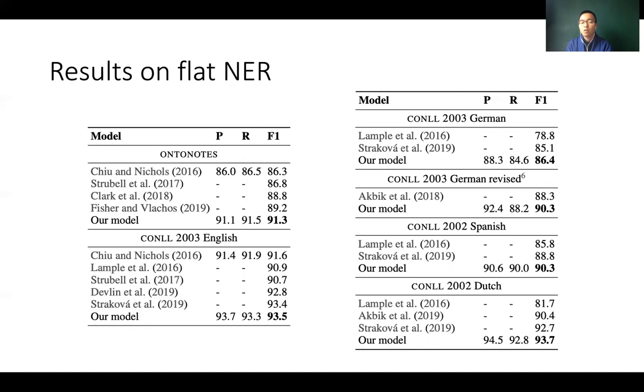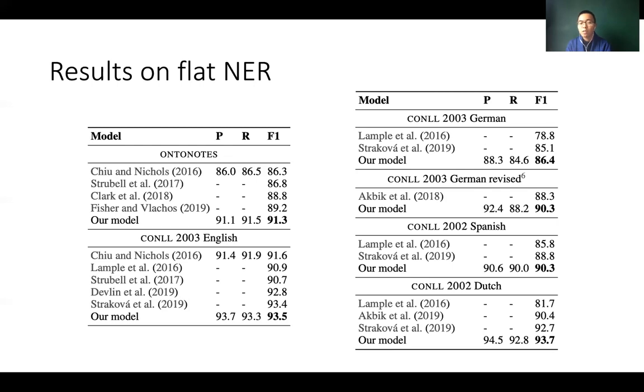Despite OntoNotes being more complicated, and the previous systems working well on the CoNLL shared task data, they usually worked slightly worse when evaluated on the OntoNotes data. However, our system does not seem to be affected that much by the differences.